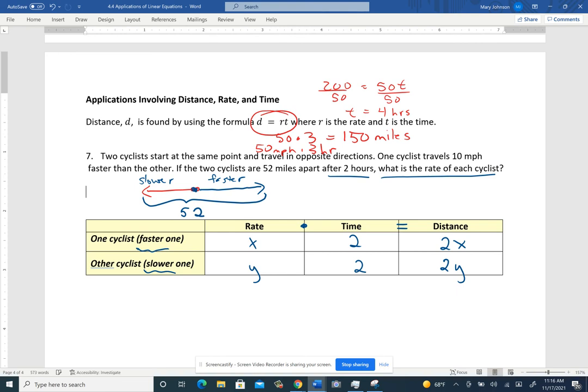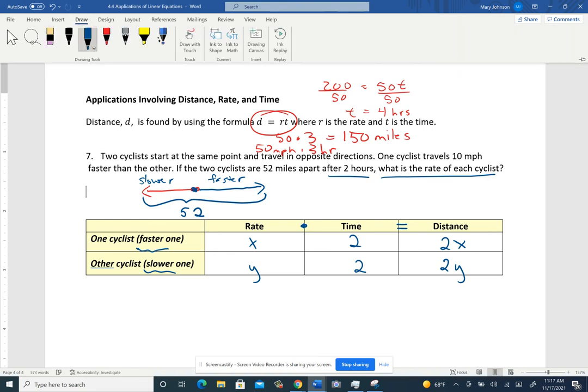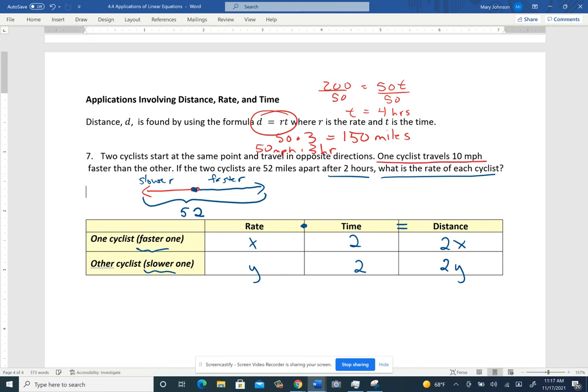All right, now we have to go back and think about how to get equations out of the sentences. Let me come back up here. See this sentence right here? One cyclist travels 10 miles per hour faster than the other one. See if this makes sense to you.